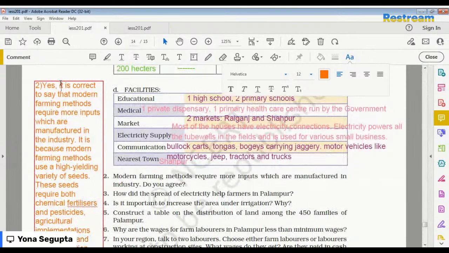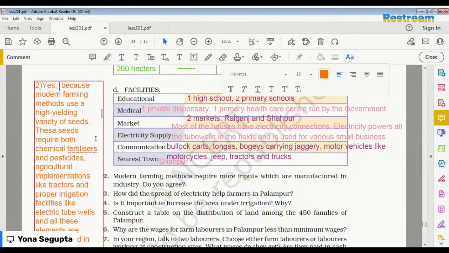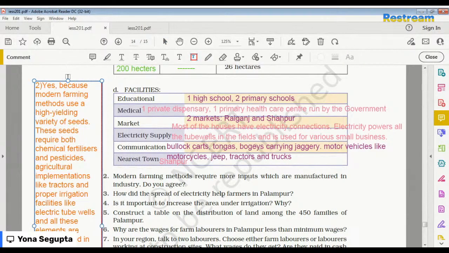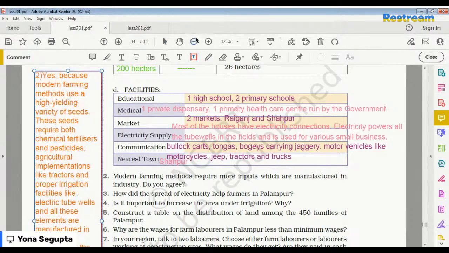Okay. Yes. You just write, it is correct to say. You can write it, but I am not writing. Yes, the answer will be like this. Yes, because modern farming methods use high yielding varieties. This will be the total answer.